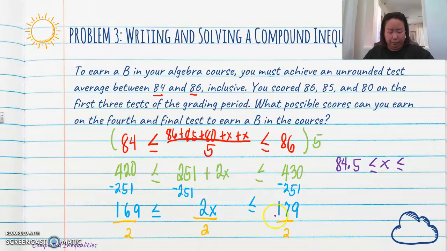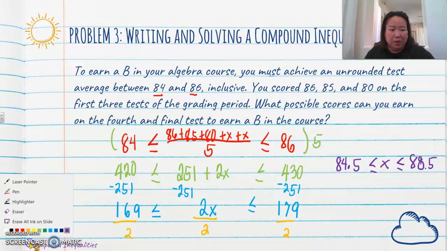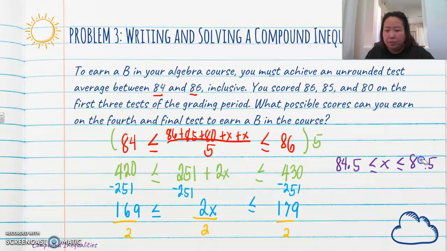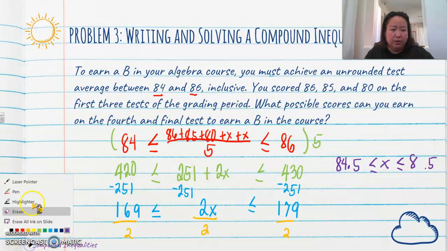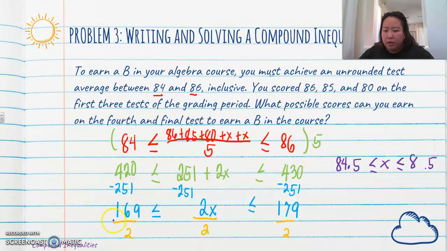While 179 divided by 2, that would be 88.5. All right. That's a 16, and then that's a 19. Oh, it's an 89.5. Sorry, my bad. Yep, sorry about that. It should be 89.5. Let's get that corrected.